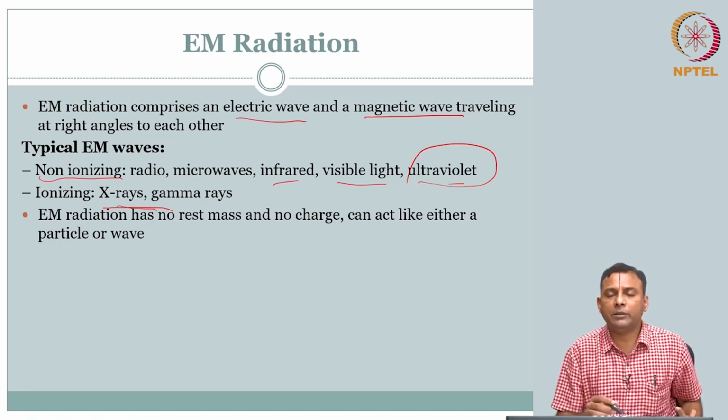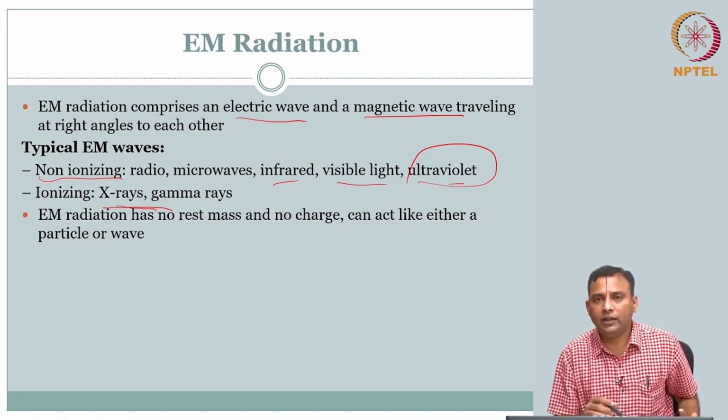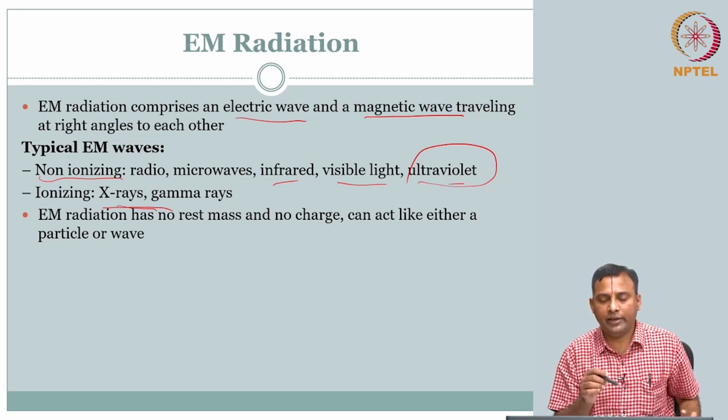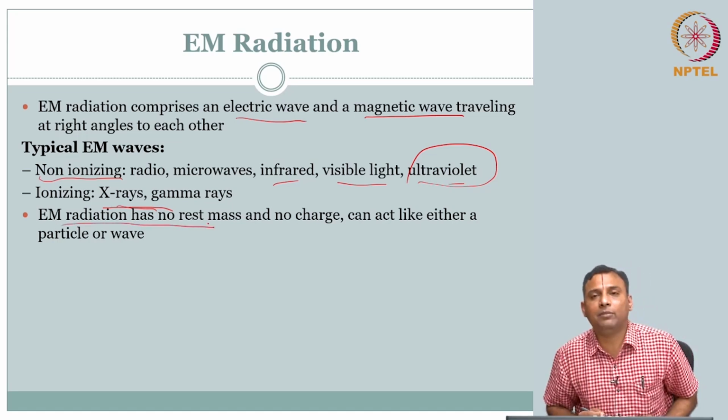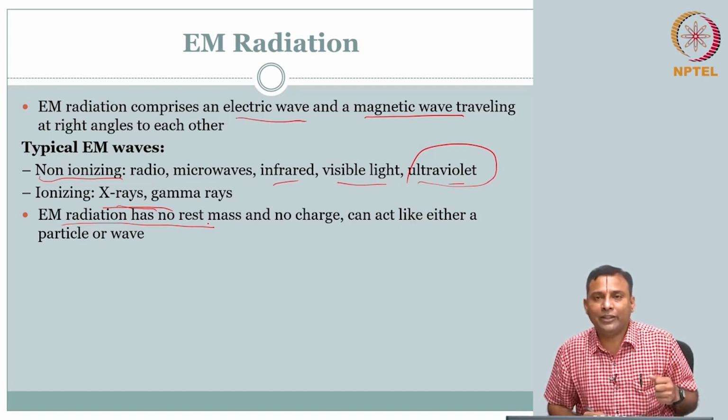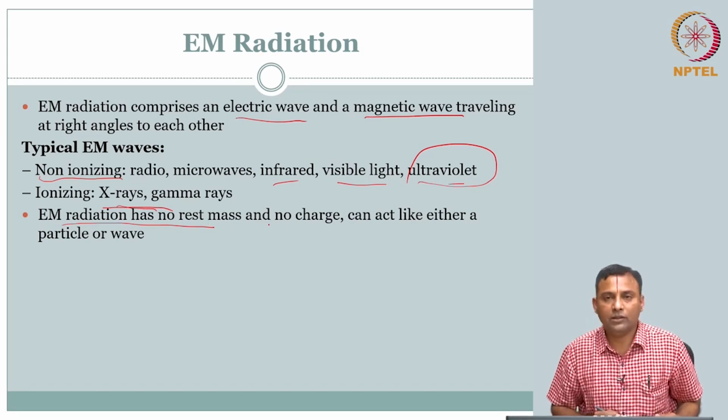So the distinction between what we saw already, the particulate radiation, and the electromagnetic. The electromagnetic radiation has no rest mass and no charge. So we talked about the electron's negative charge, and we talked about m0 and m, relative velocity and therefore relativistic mass. That is not applicable here.